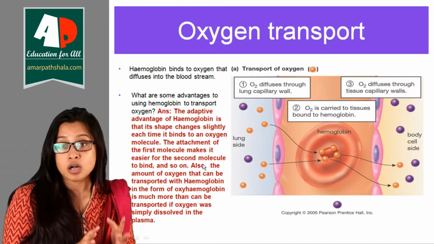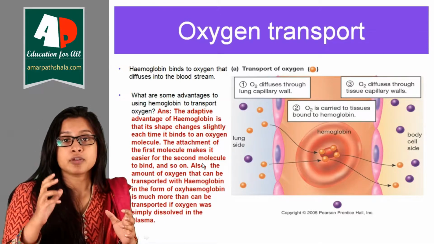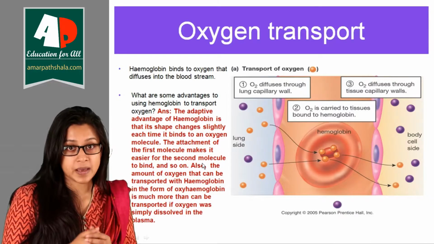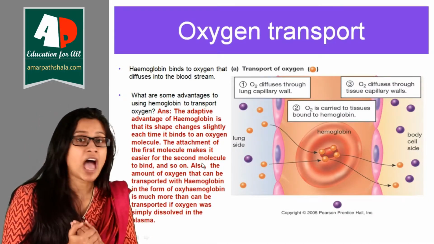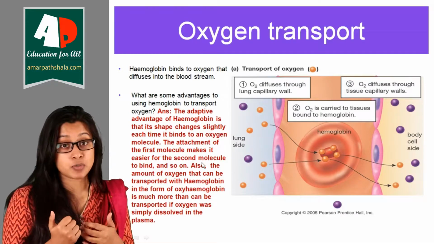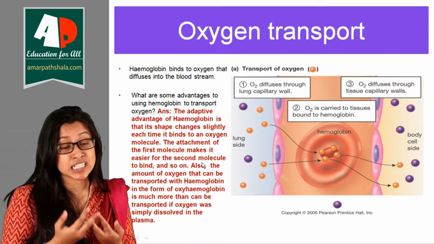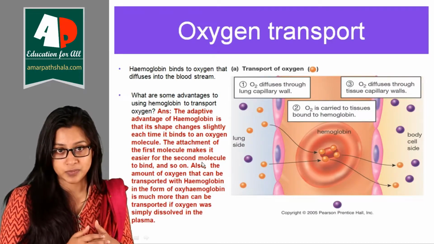Also, another advantage is that if oxygen molecules were to dissolve in the blood plasma and then be transported, the amount that could be transported that way is much lower than what is transported via the oxyhemoglobin complex.